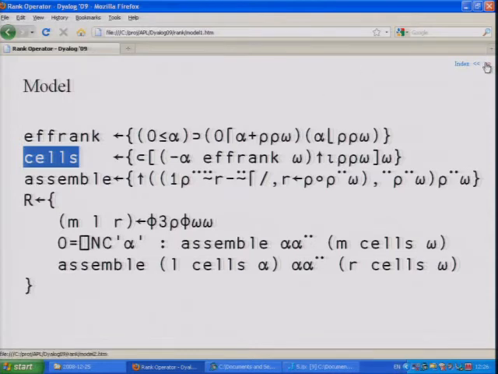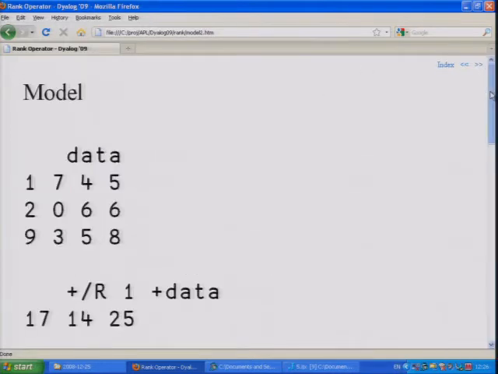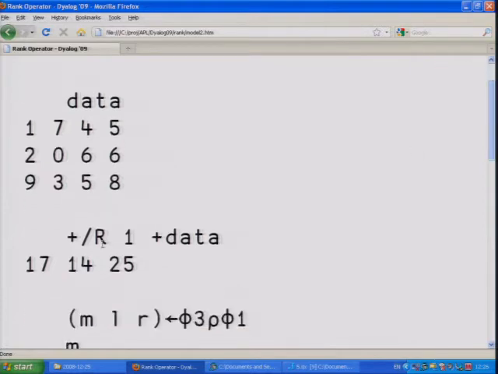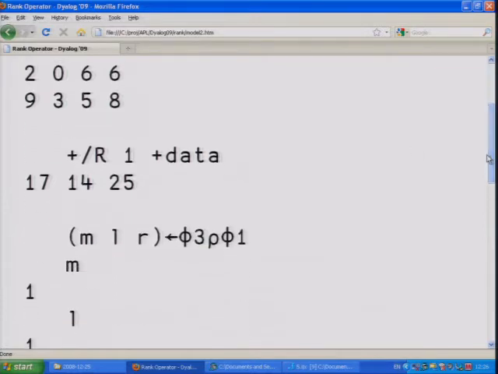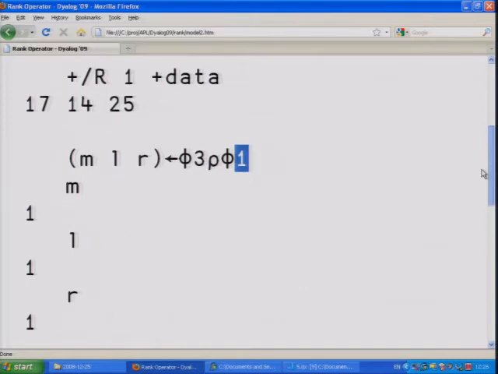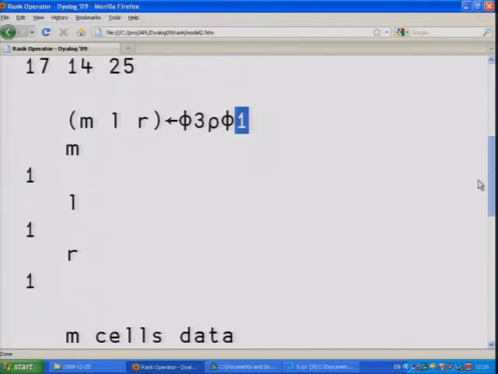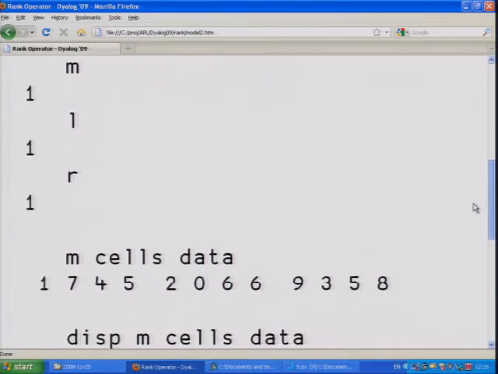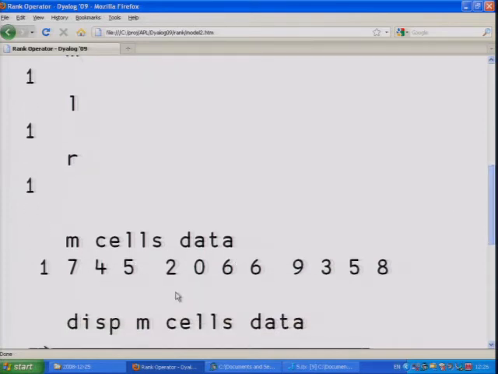So let's look at that in action. Here's the same data, plus slash rank 1. The first thing inside the rank operator is it makes M, L, and R. And omega omega in this case is just 1. So M, L, and R are all 1s. And the next thing it does is it uses its monadic application, so it uses the rank and then cells on the argument.